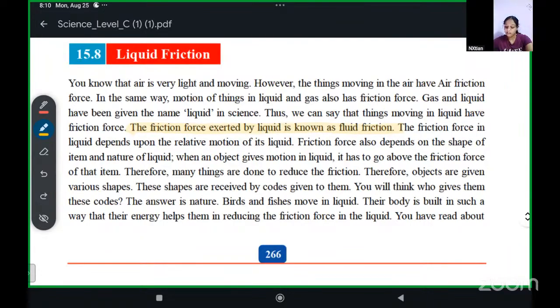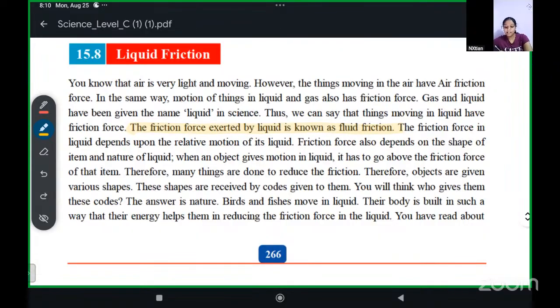Now, the friction force in liquid depends upon the relative motion of the liquid. Friction force also depends on the shape of the item and the nature of the liquid. When an object moves in liquid, it has to overcome the friction force of that liquid.